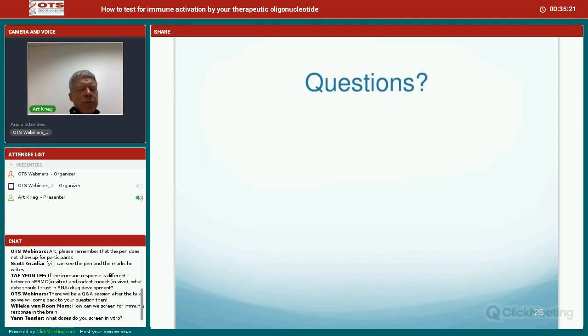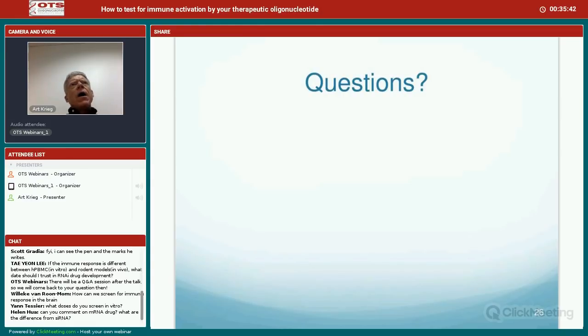How can we screen for immunity? Wow. You know, that's not something I've had to do personally. In the brain, there are also innate immune cells, glial cells in the brain, supposedly express some TLRs, and they seem to be of monocyte origin.